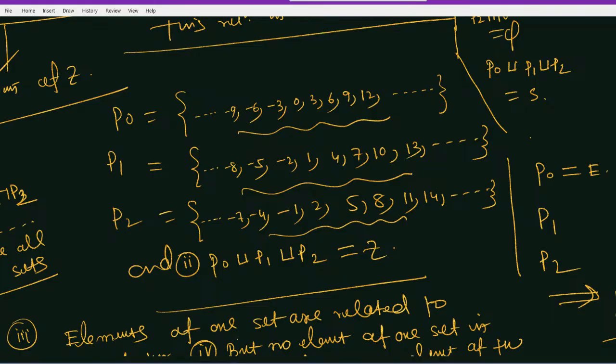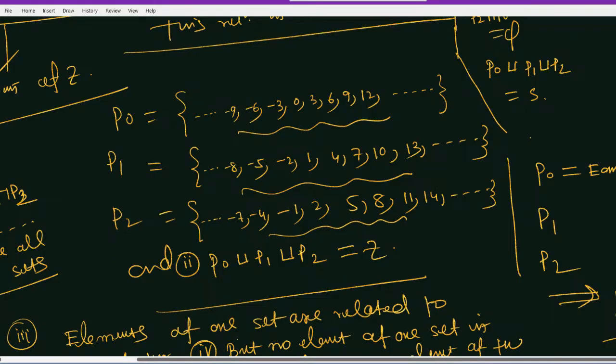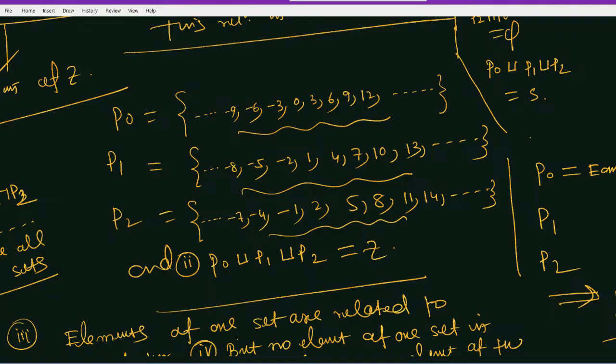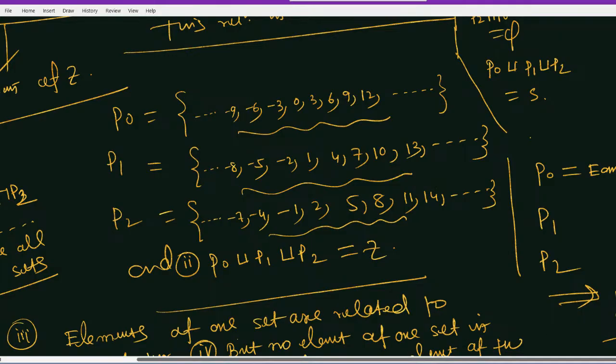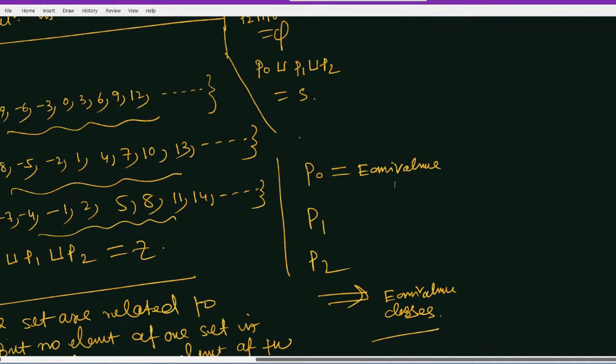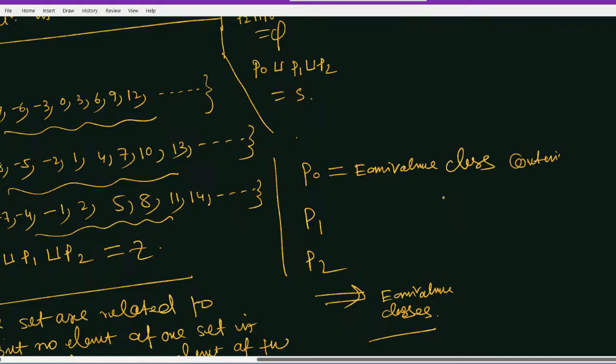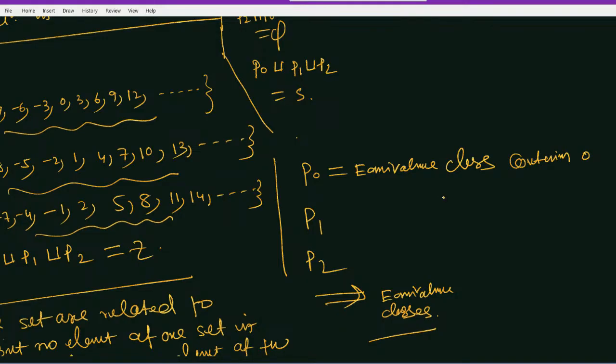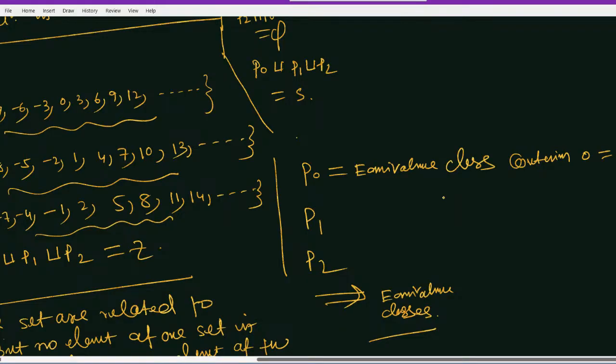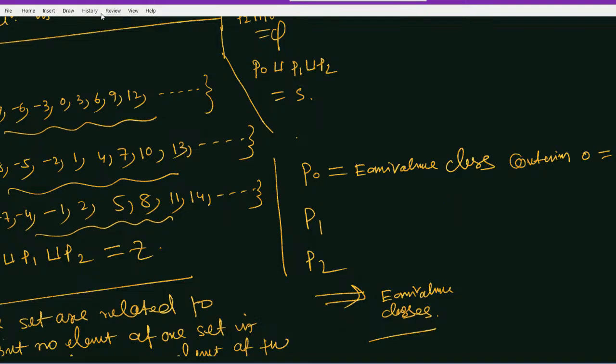This is the equivalence class containing 0. You can write this also. See, really 0 is there. This is the equivalence class containing 0.